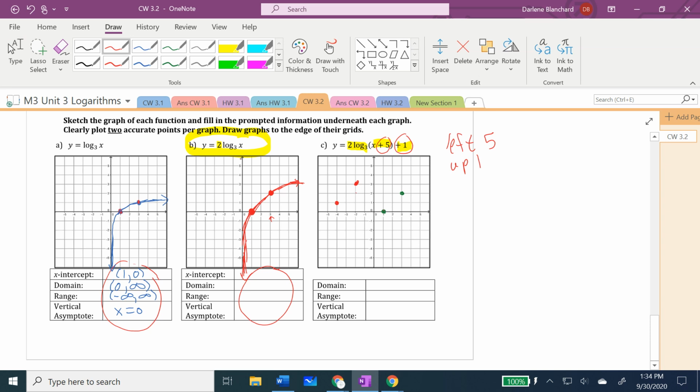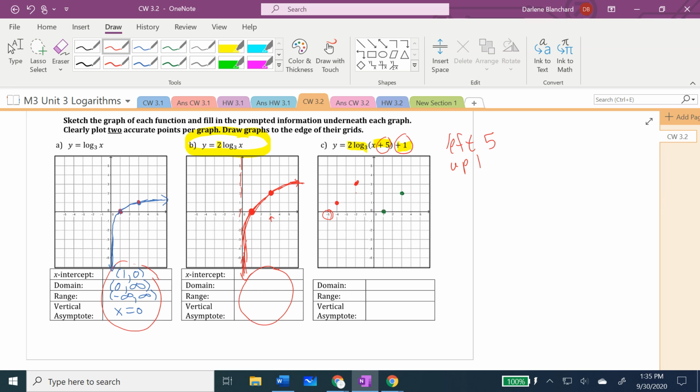Now, the vertical asymptote was at x equals 0. If I move this graph left 5, that is going to move the asymptote over to -5. Does up 1 affect it?